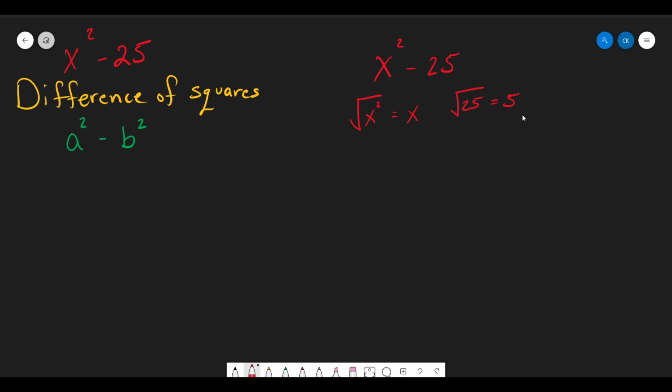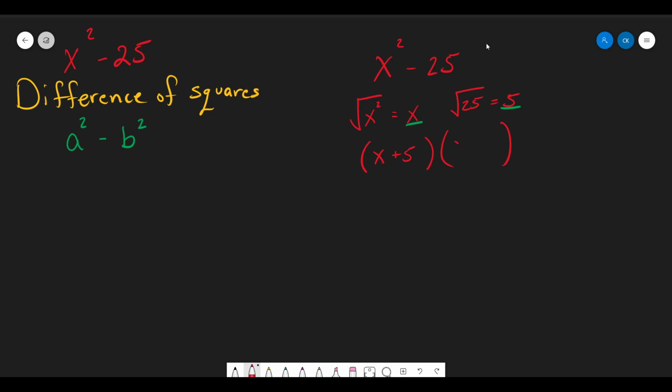So when I factor out a binomial that can be factored using the difference of squares, we take the first and second terms after we take the square roots and put them in two parentheses. One will be x plus 5. We take my two answers, the x and the 5, and add them together.